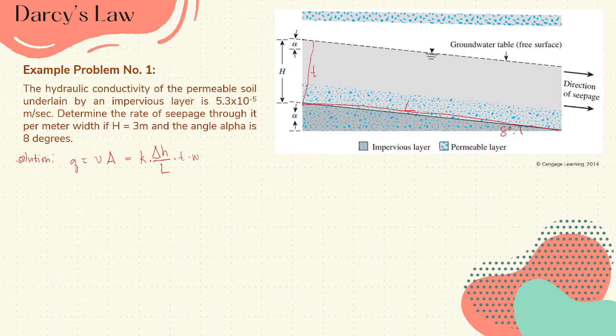So when you write sine 8 degrees, this is simply our delta H all over L, or our hydraulic gradient.